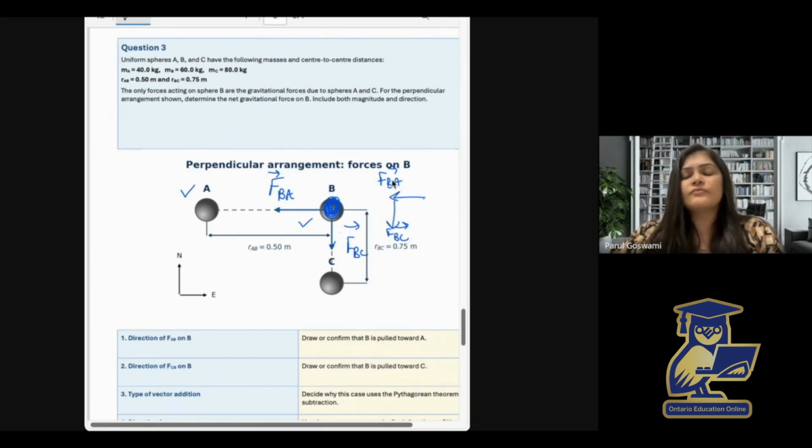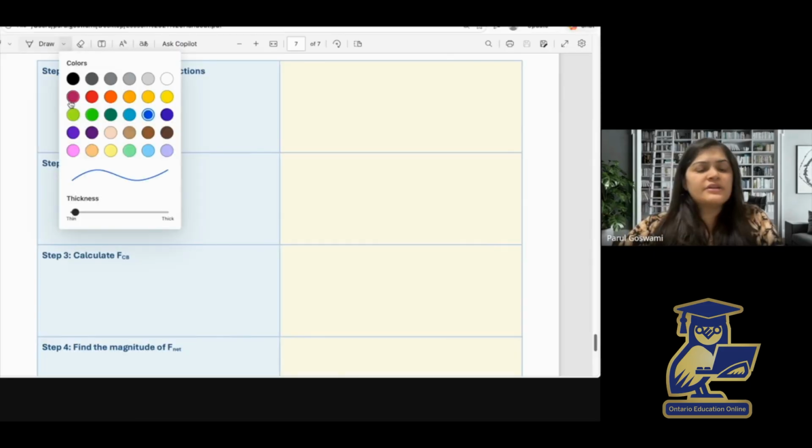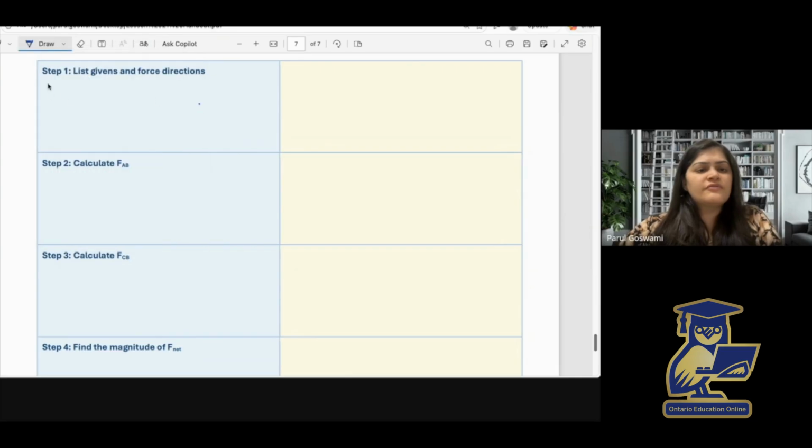So after calculating F_BA and F_BC. Now, how can we calculate F_BA and F_BC? We can use the Universal Law of Gravitation, which is capital G m1 m2 by r square. Write the given information. So we are given the mass of A, mass of B, and mass of C. Along with that, we are also given R_AB and R_BC.